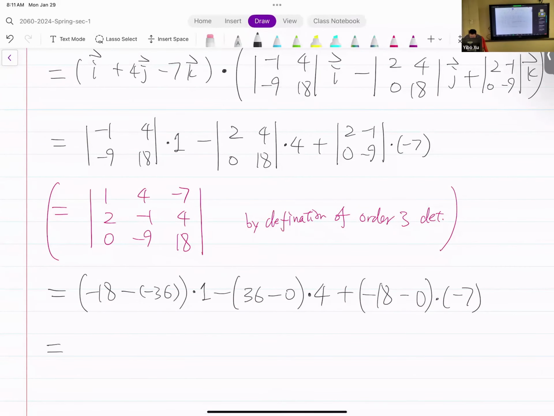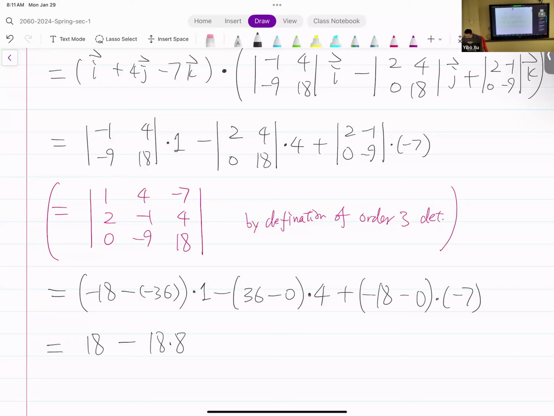So -18 plus 36, that's exactly 18. Now, minus, we have 36 in the bracket, and that's actually 18 times 2, and you multiply by 4, so that's 18 times 8.